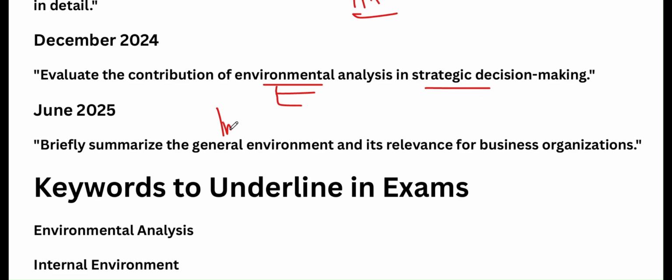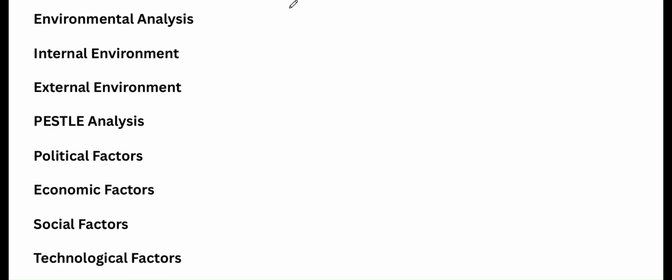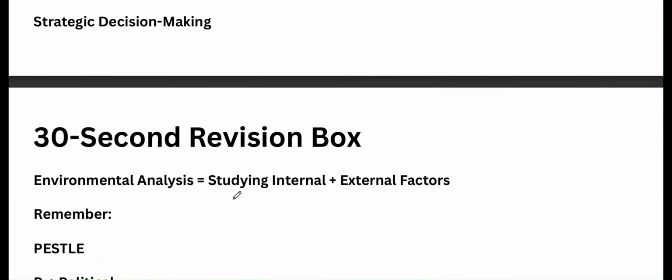Here we have to focus on the impact of the different environmental factors included in the environmental analysis, which has a great impact on strategic decision making. When you write the exam, you write an essay, right? In an essay, we need to underline these things, like the major things, major steps, and major factors.